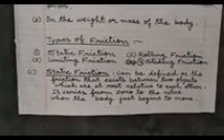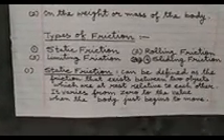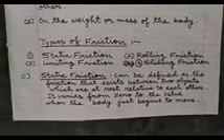In your syllabus 4 types of friction are given, which I will explain one by one. That is static friction, then limiting friction, then rolling friction, and the last type, sliding friction.